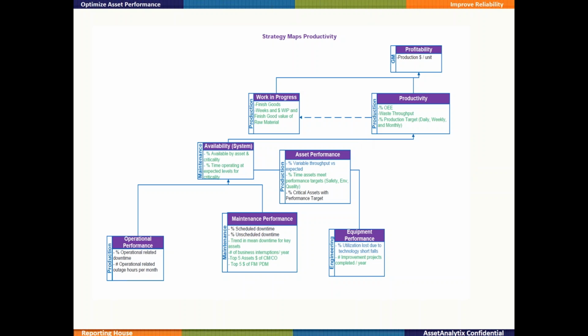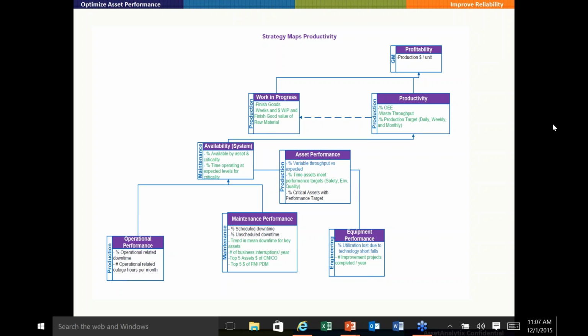So here's an example. In this example, this particular customer, the GM's objective was to improve cost per unit, okay? So basically, it was all about how do we improve profitability. So if we're going to improve profitability, we need to improve the main metric.